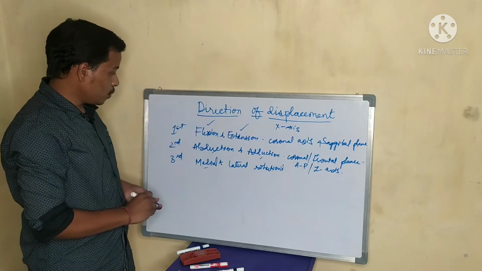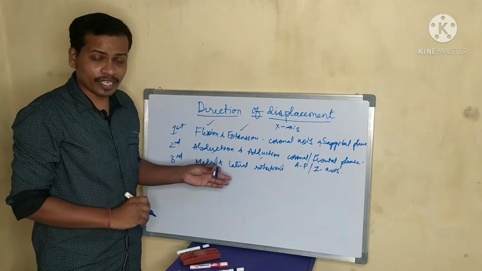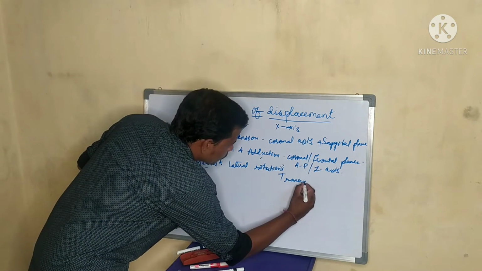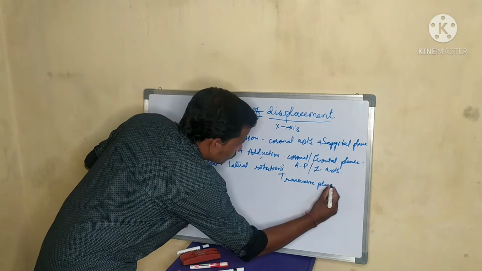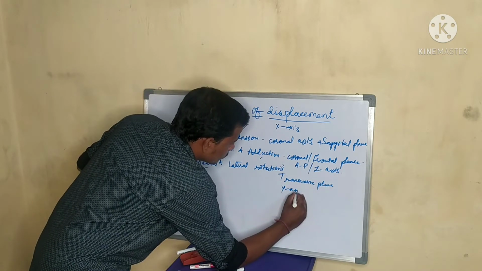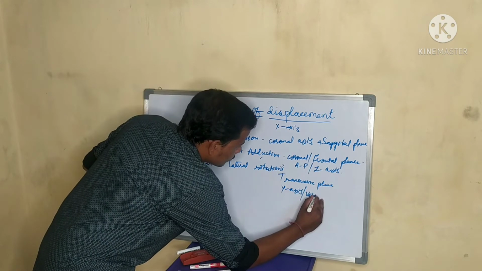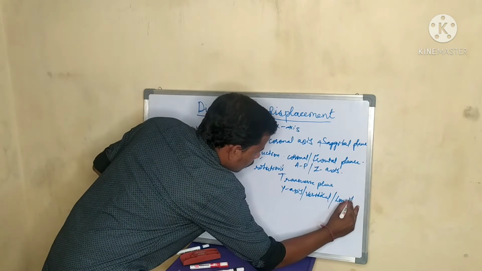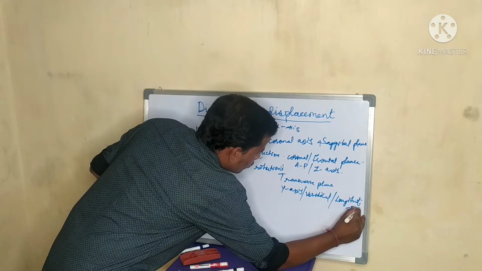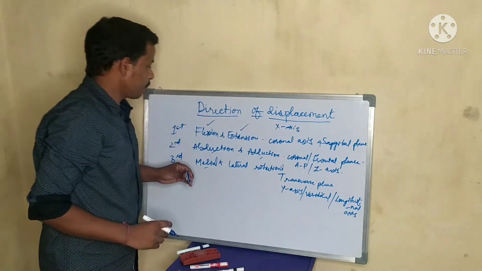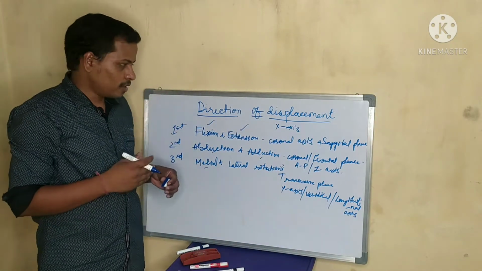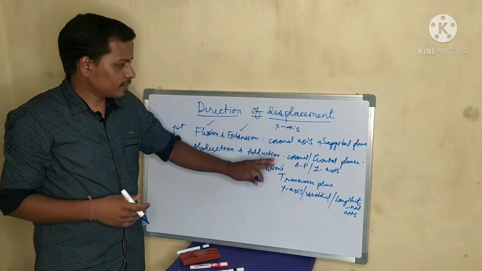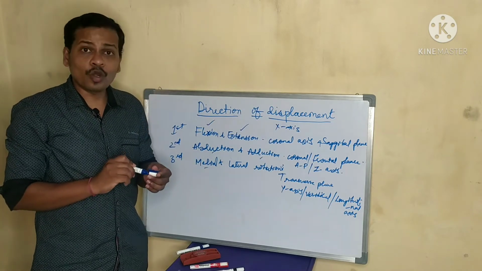The medial rotation and lateral rotation occur in the transverse plane and around the y-axis or vertical axis, also known as the longitudinal axis. These are the three pairs of anatomic rotations and the axes and planes in which they occur. This is with respect to the rotations.